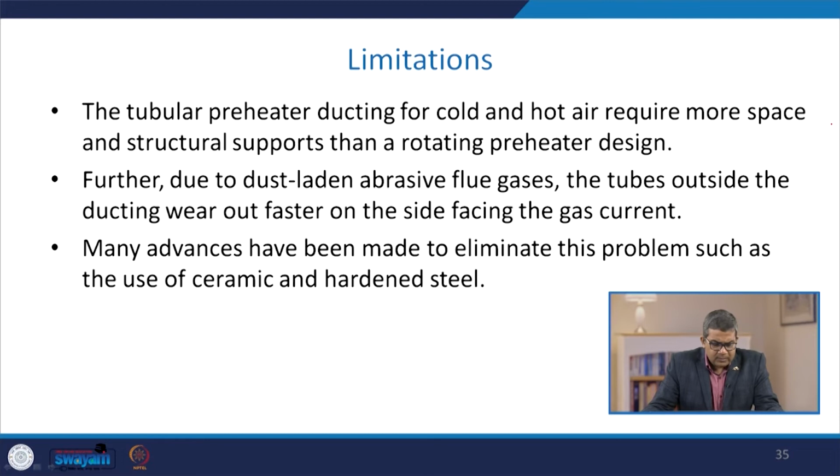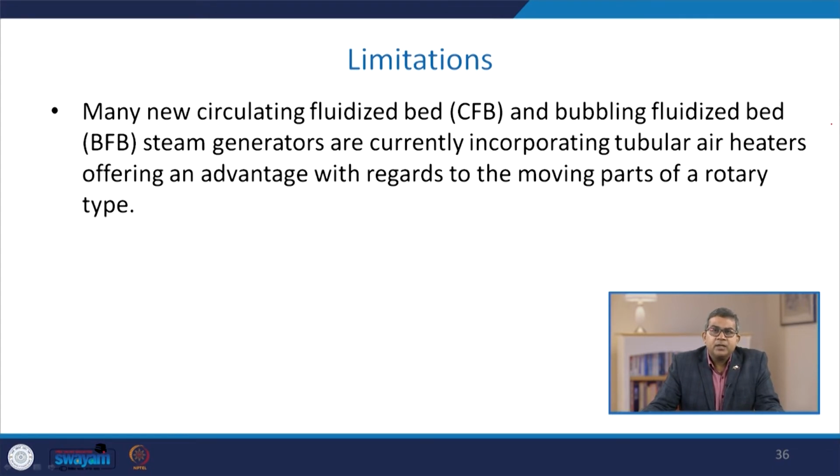Many advances have been made to eliminate this particular problem, such as the use of ceramic and hardened steel. Many new circulating fluidized bed (CFB) or bubbling fluidized bed (BFB) type steam generators are currently incorporating tubular preheaters, offering an advantage with regards to the moving parts of a rotary type.